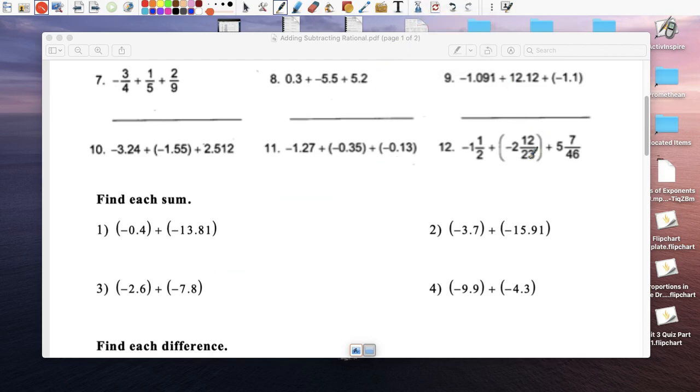Okay. Oh, yuck. All right, so it's 2 negatives and a positive, so we need to find the common denominator.